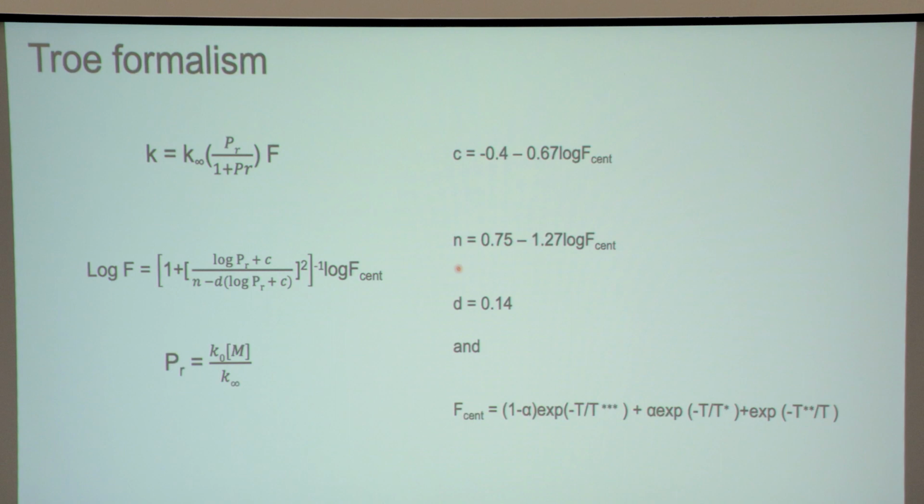There's another variable N, another variable D, and then there's this term F cent. F cent has a complex dependence on temperature, and I'll show you what this is. It has some alpha term, and then it's a function of temperature T triple star, T star, T double star, and so on.